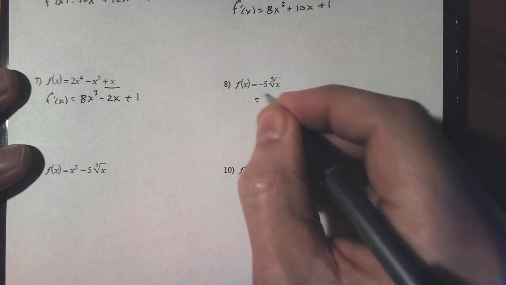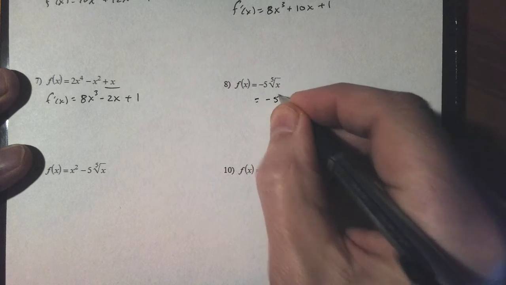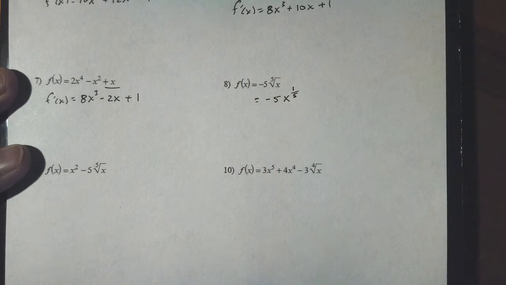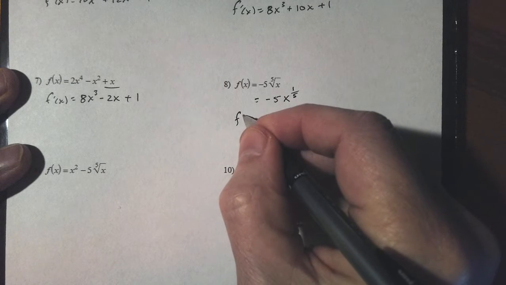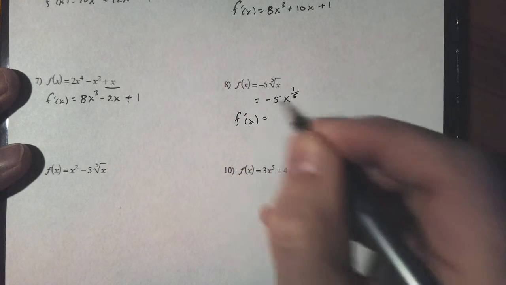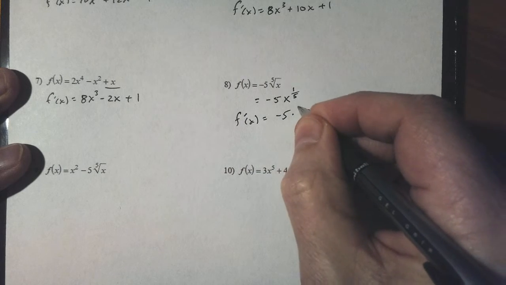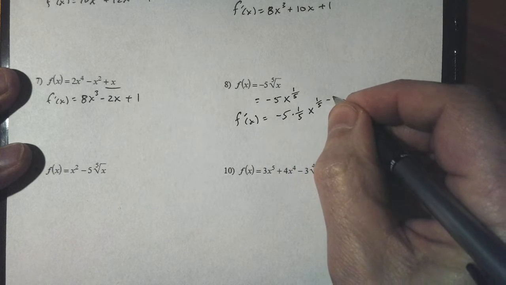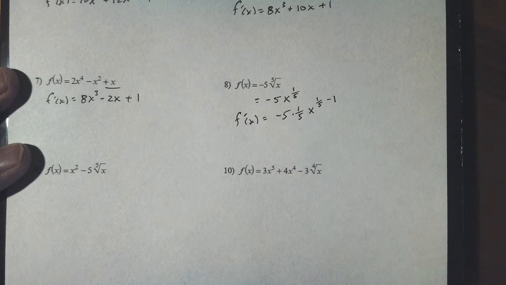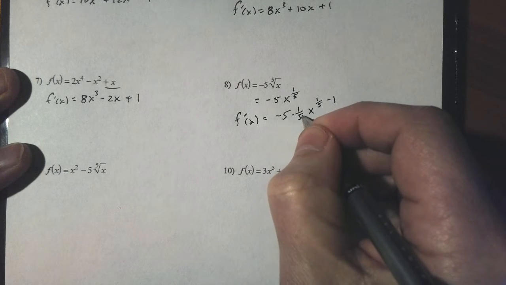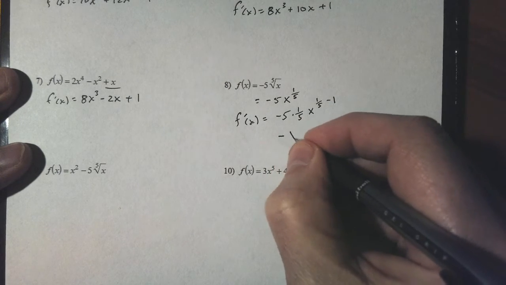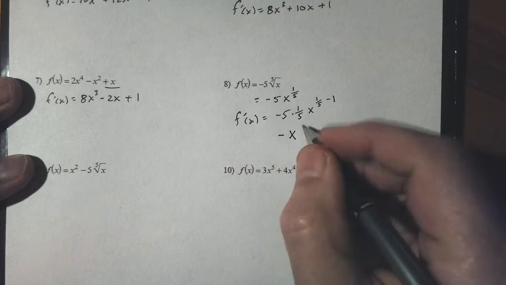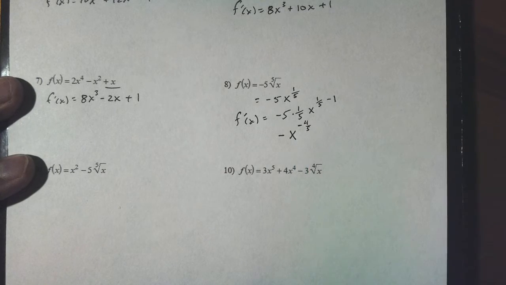So this is equal to negative 5x to a fraction, 1/5. And now we need to find the derivative of that. So that would be negative 5 times the 1/5, x to the 1/5, reduce it by 1. So that's negative 5 times 1/5, negative x to the 1/5 minus 5/5, negative 4/5.